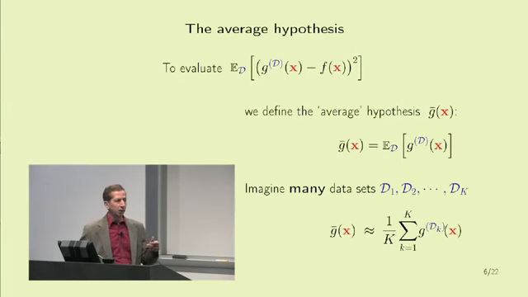Although this was just a theoretical way of getting the bias variance decomposition, and a conceptual way of understanding it, there is an ensemble learning method that builds exactly on this, which is called bagging, bootstrap aggregation. What do I need in order to get G bar? G bar is great if I can get it, but it requires an infinite number of data sets, and I have only one data set.